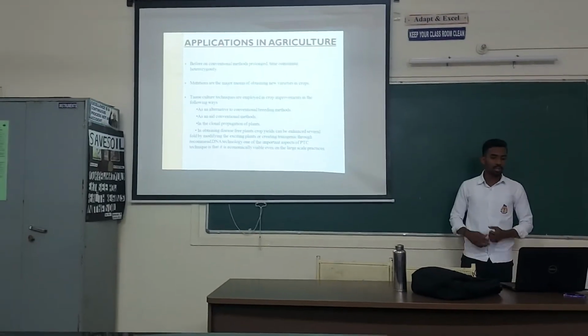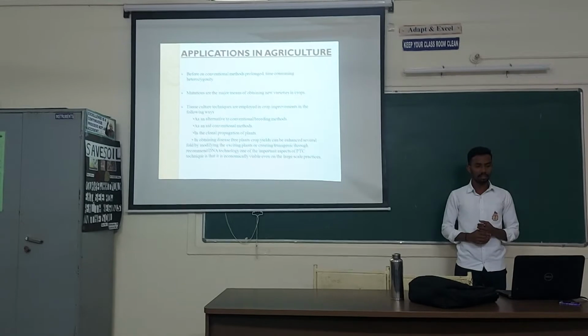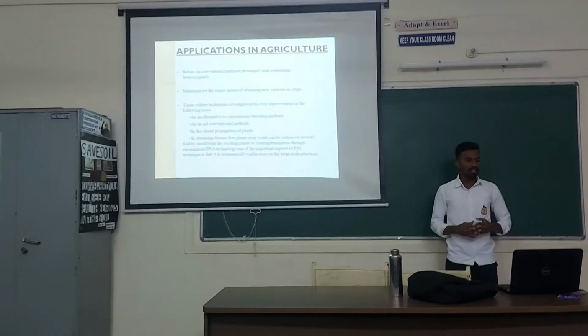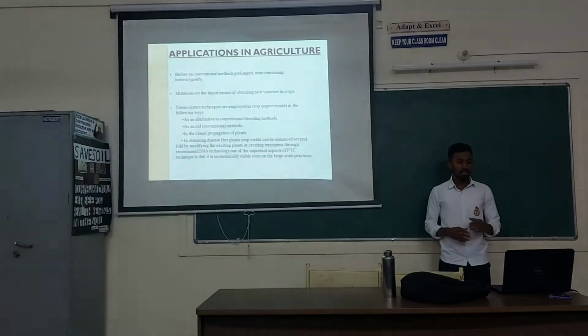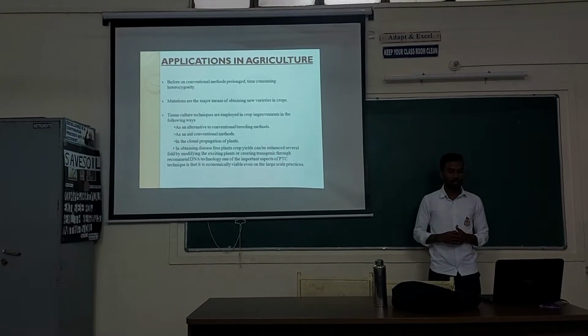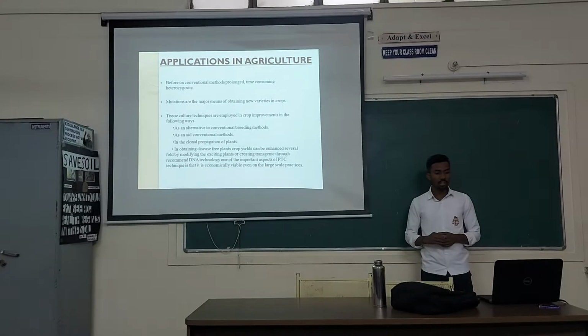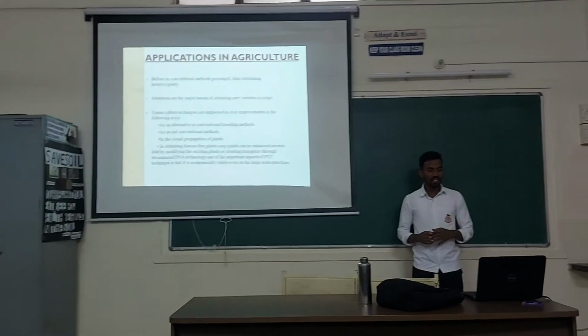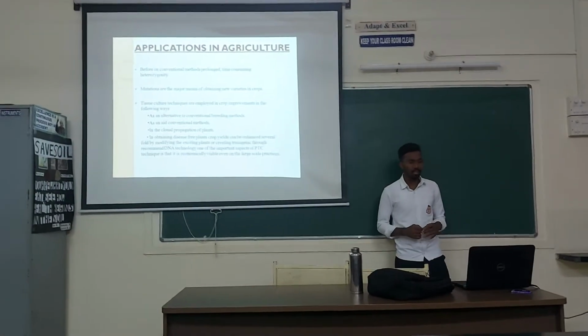Tissue culture techniques are employed in crop improvement as an alternative to conventional breeding methods, as an aid to conventional methods in the clonal propagation of plants, and in obtaining disease-free plants. Crop yields can be enhanced several fold by modifying the existing plants or creating transgenics through recombinant DNA technology.